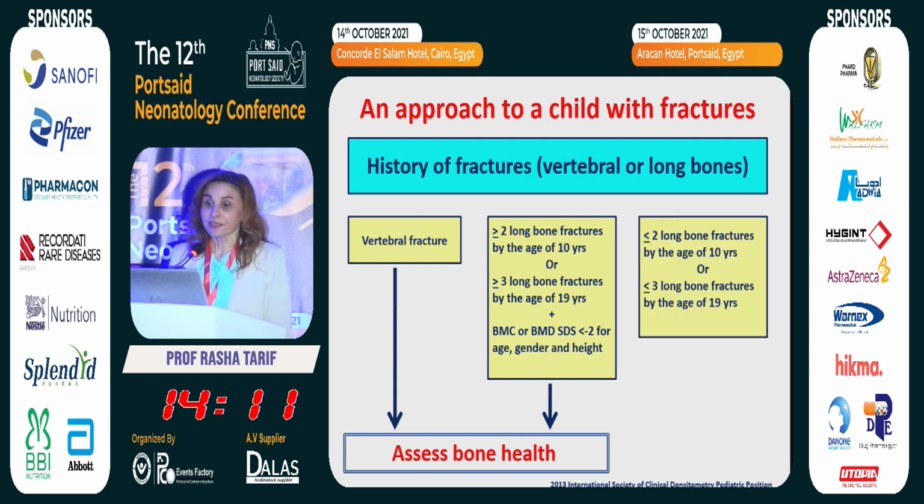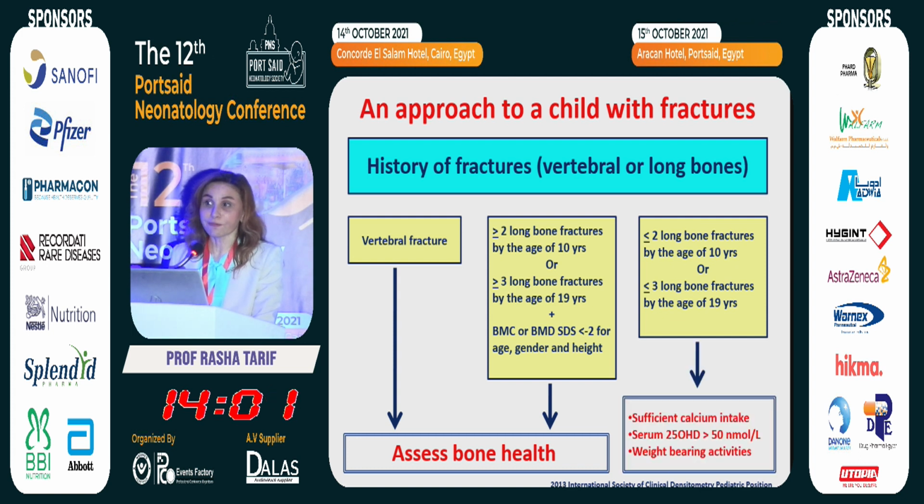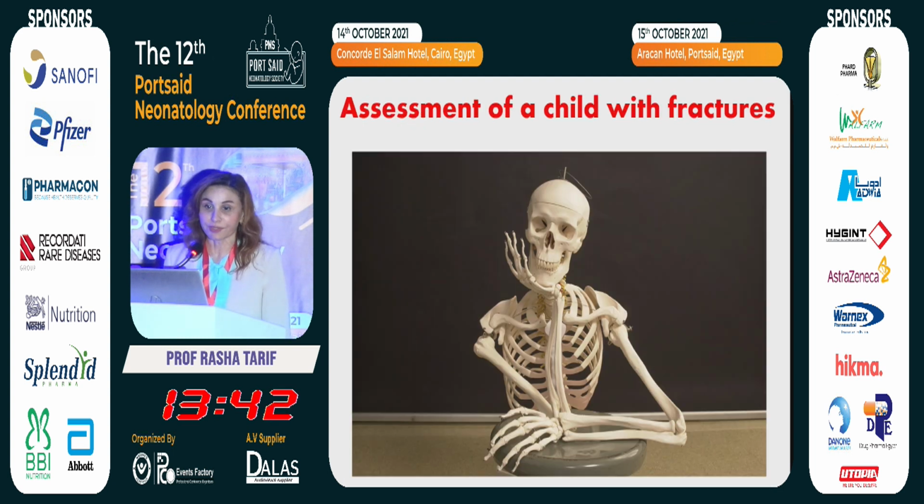On the other hand, if you have less than 2 long bone fractures by the age of 10, or less than 3 long bone fractures by the age of 19, you just give sufficient calcium intake, increase vitamin D to more than 50 nanomoles per liter, and encourage weight-bearing exercise. And this is the proposed algorithm by the International Society for Clinical Densitometry for Pediatrics.